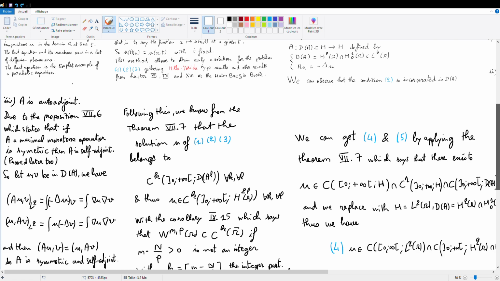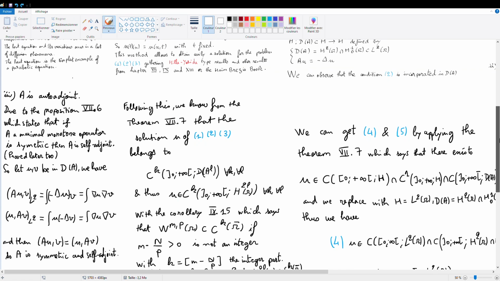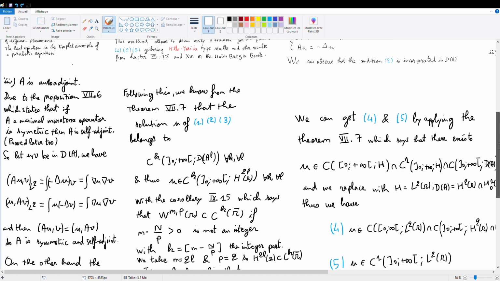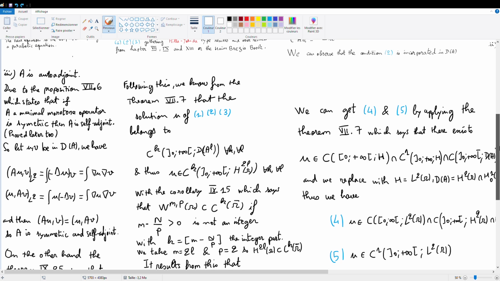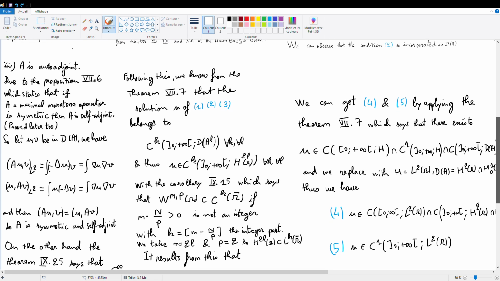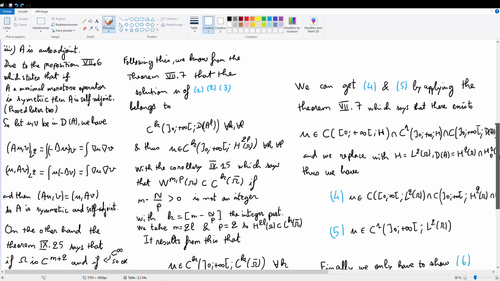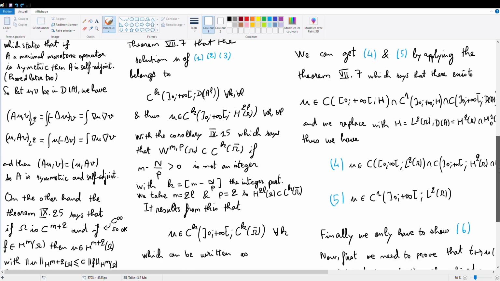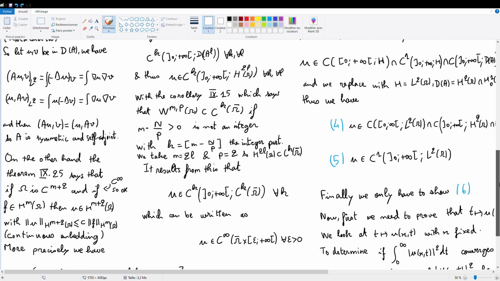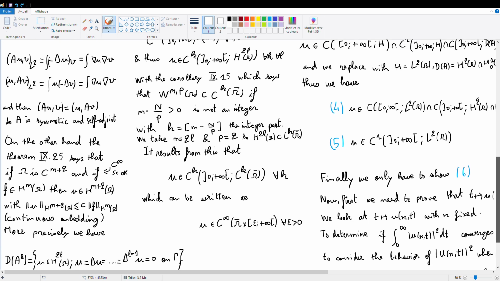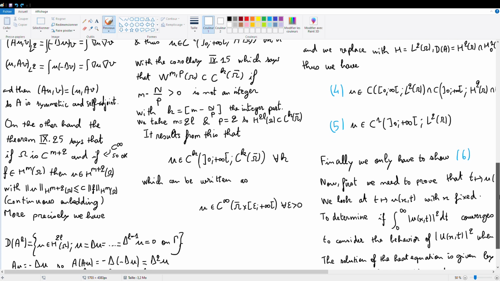So let U, V be in D of A, we have the scalar product of AU and V in L2 is equal to the scalar product of U and AV, and then A is symmetric, so it is self-adjoint.